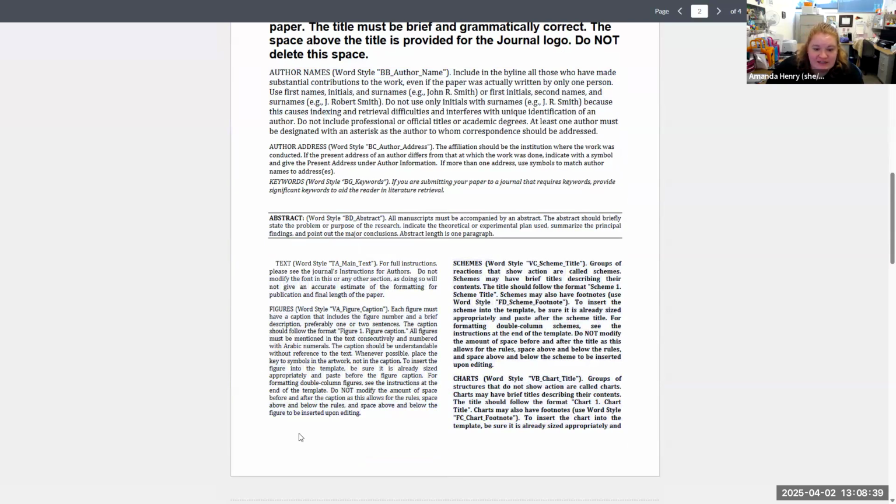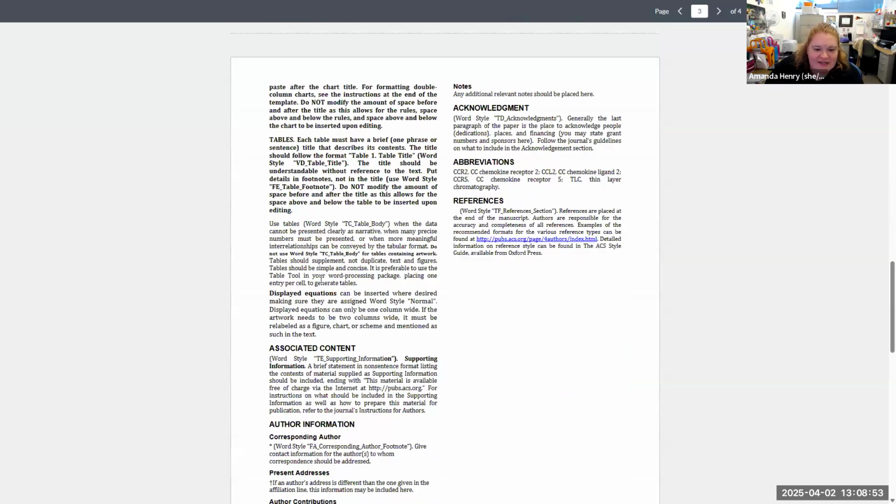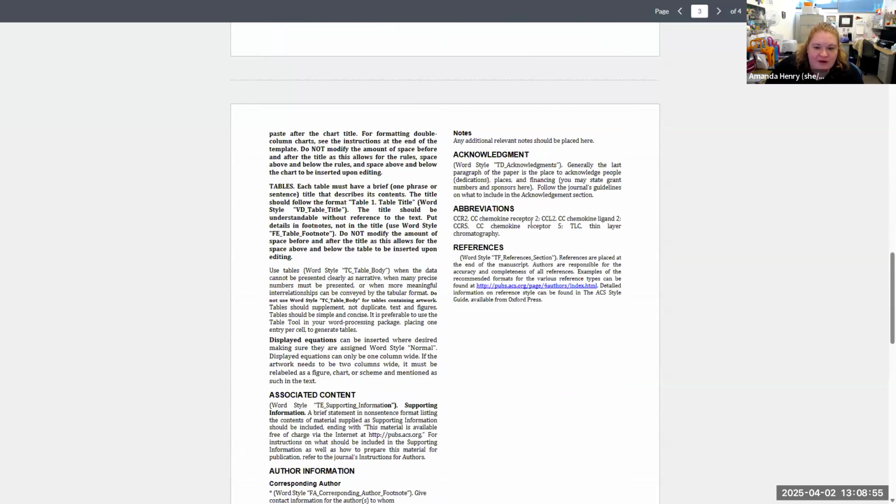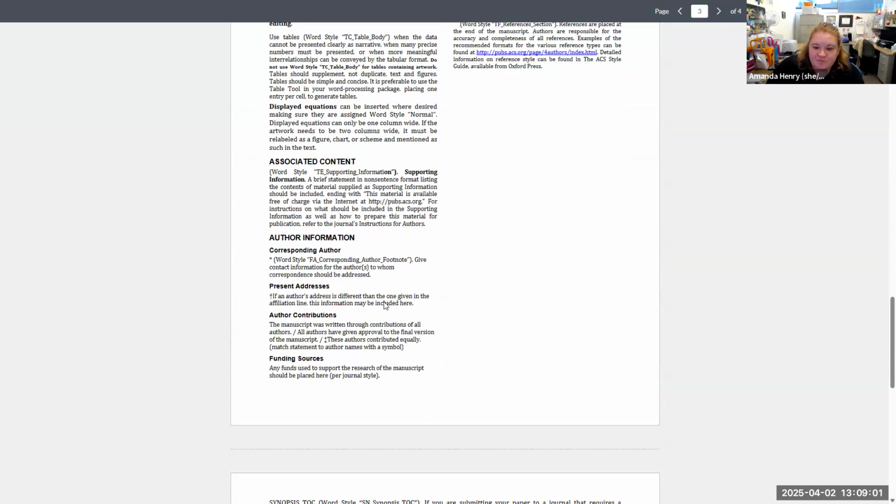And so notice that it's in columns, it's justified, which means that we get this nice straight line on the left and the right sides of each column. So it's not left, it's not right, it's not centered, it's justified. And then it does have some sections down here for references, but we're obviously going to put in all of our own sections as well.